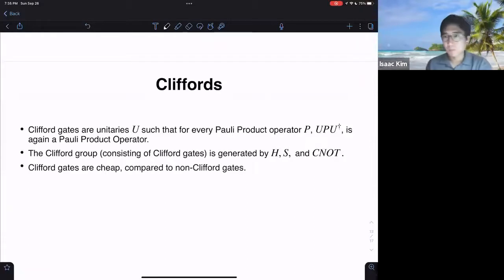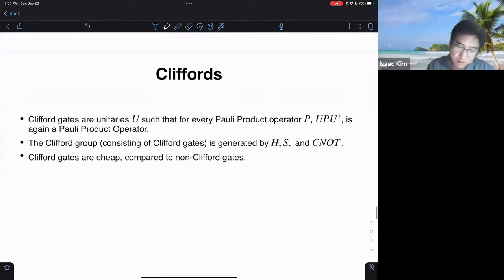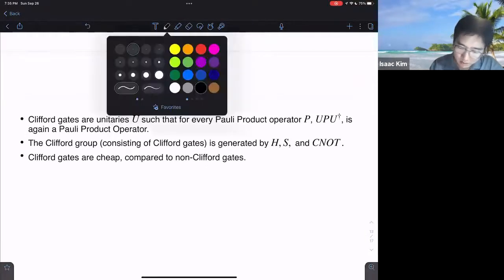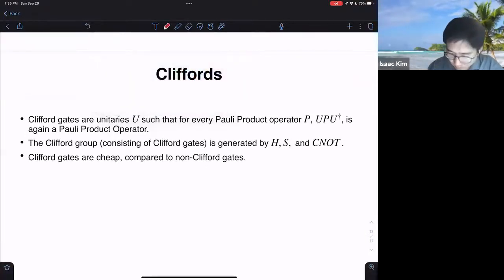Okay, so I briefly mentioned Clifford gates. So what are the Clifford gates? Their definition is the following. They are unitaries such that if you conjugate a Pauli product operator by these unitaries, you again get a Pauli product operator.